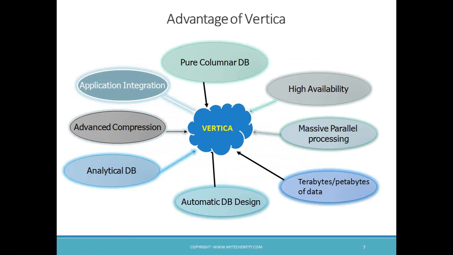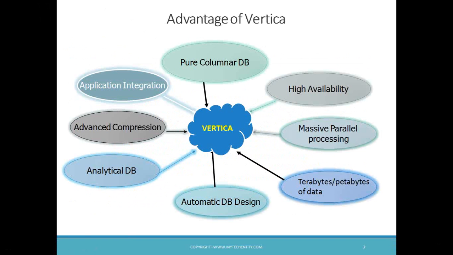So what are the main features or main advantages of the Vertica database? It's a pure columnar DB, with high availability, massively parallel processing, terabytes and petabytes of data, and automatic DB design. Automatic DB design is basically where Vertica provides you certain features so that even a developer who has access to this DB design can perform 80% of the tasks of a DBA.